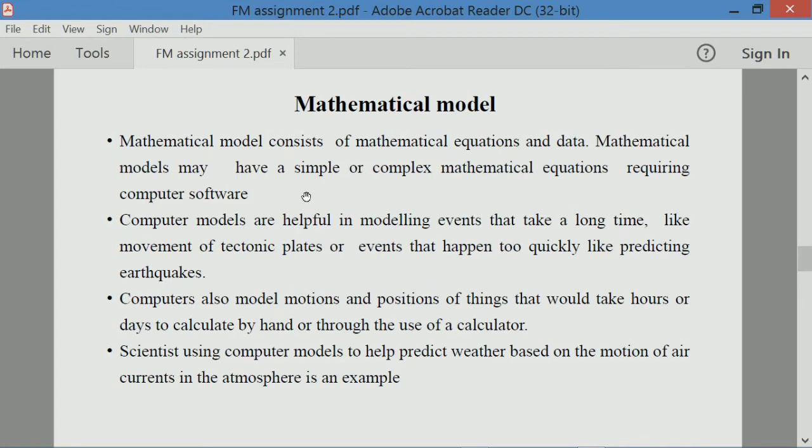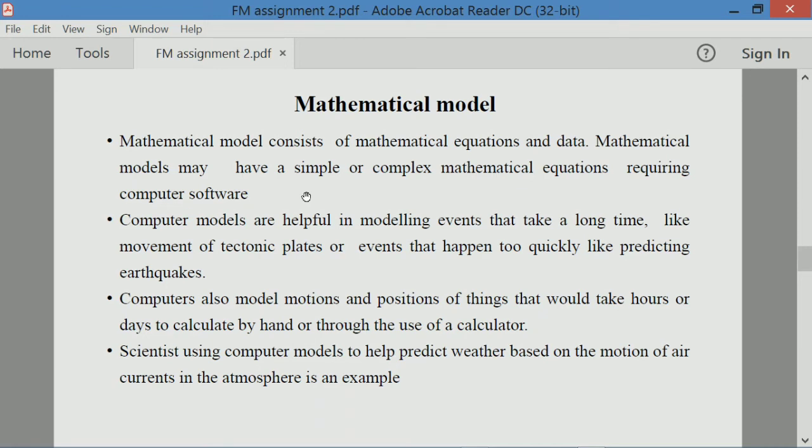Now a mathematical model. A mathematical model consists of mathematical equations and data. Mathematical models may have simple or complex mathematical equations requiring various computer software. Finite element analysis is also something we can do with the help of various software.